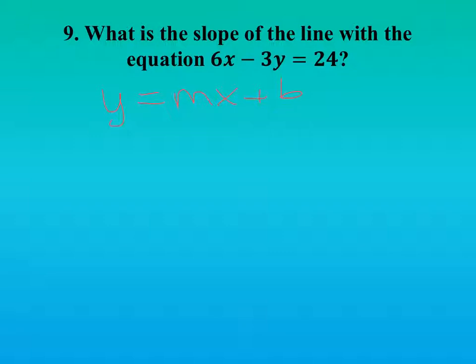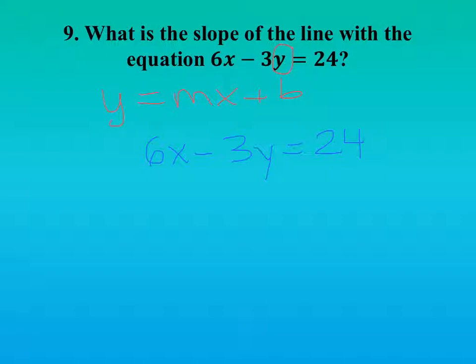So, in order to get it into slope-intercept form, you need to solve for y. So the first thing you want to do, let me rewrite the equation. 6x minus 3y equals 24.